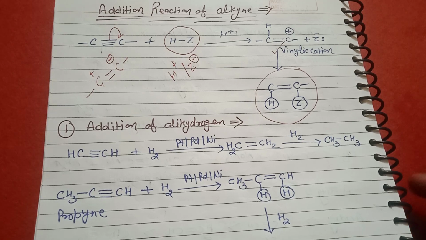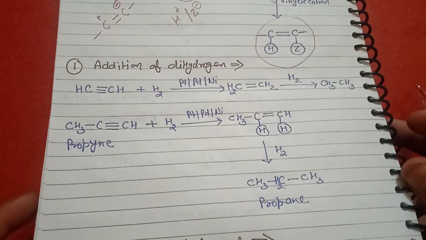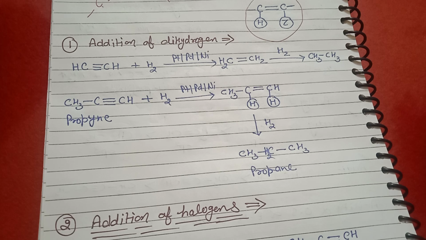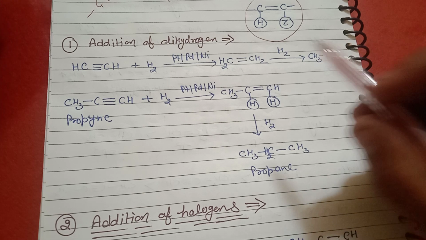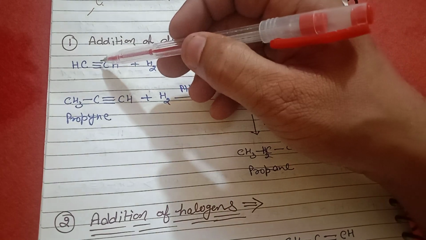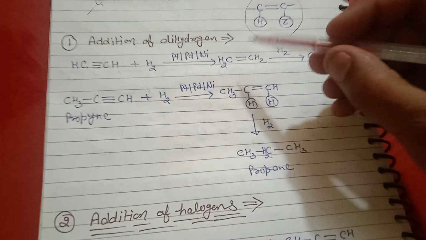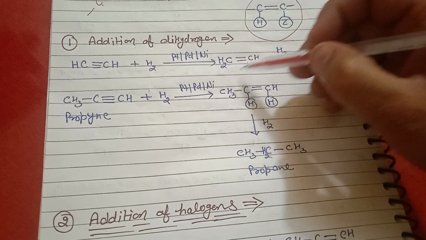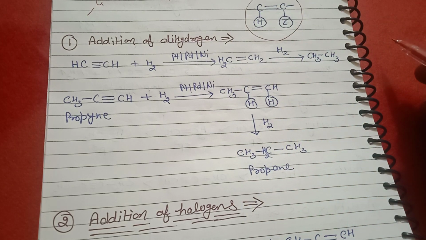So first we study the addition of dihydrogen. The addition of dihydrogen to alkyne is in presence of catalyst nickel, palladium and platinum. This is a simple hydrogenation reaction. The carbon-carbon triple bond breaks to a carbon-carbon double bond, and one hydrogen is attached to this carbon and one hydrogen to this carbon.